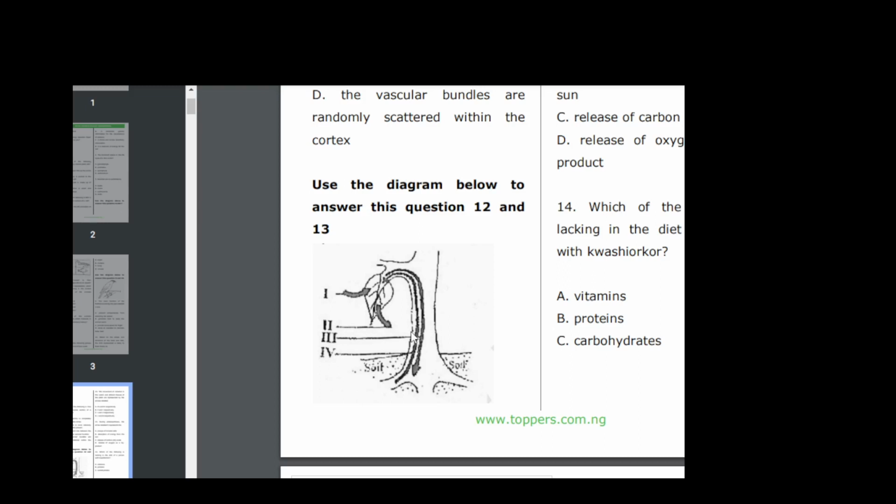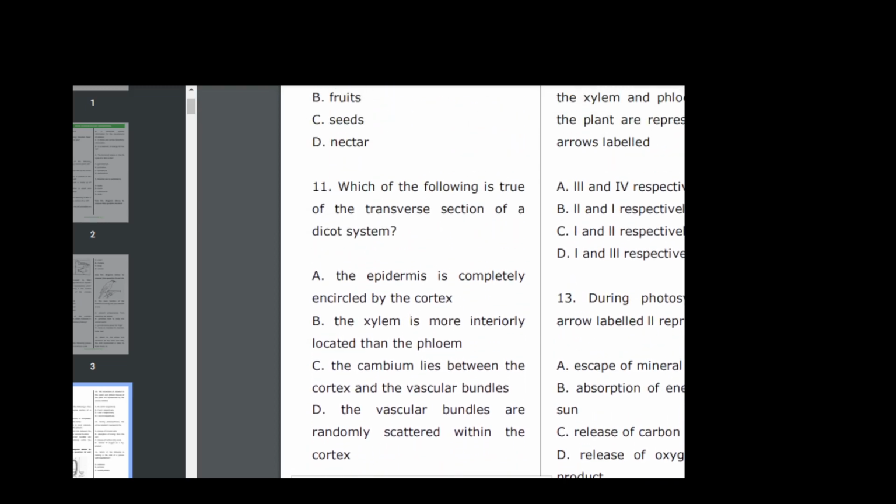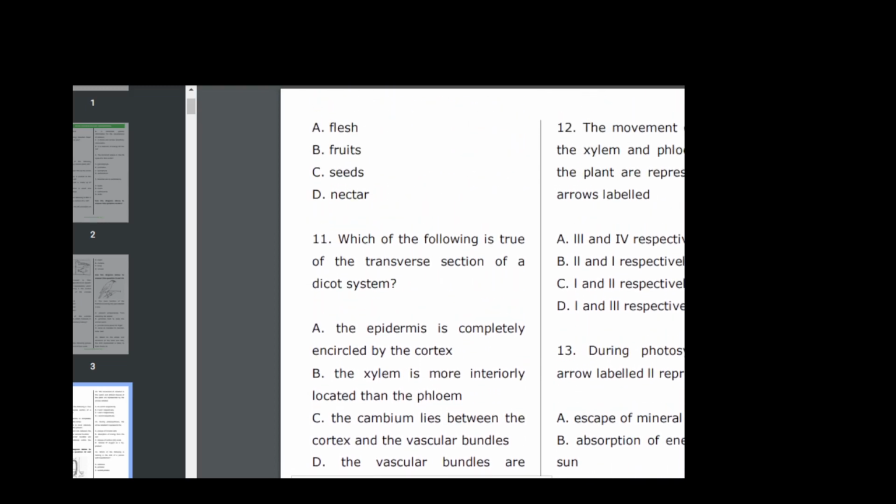And then this one is Roman numeral 3, which is carrying the nutrients to the root, as is the case here, and is our phloem. So xylem is 4, while phloem is 3.